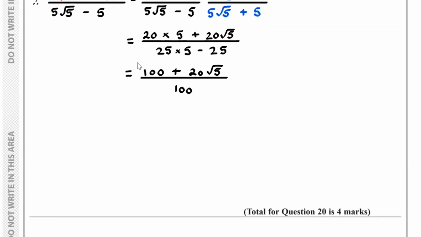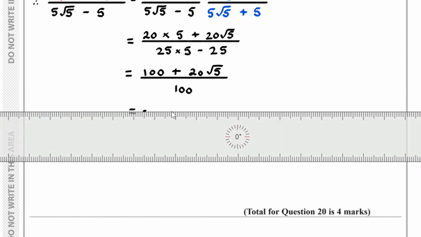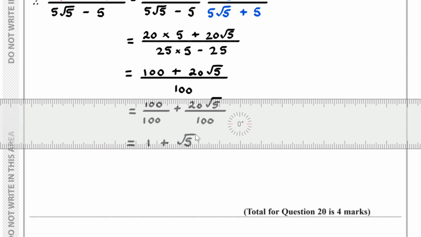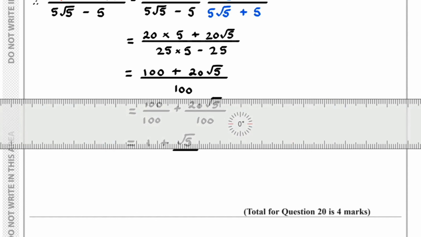So if I continue to simplify all this, we've got 100 over 100 plus 20 root 5 over 100, which simplifies to 1 plus root 5 over 5.